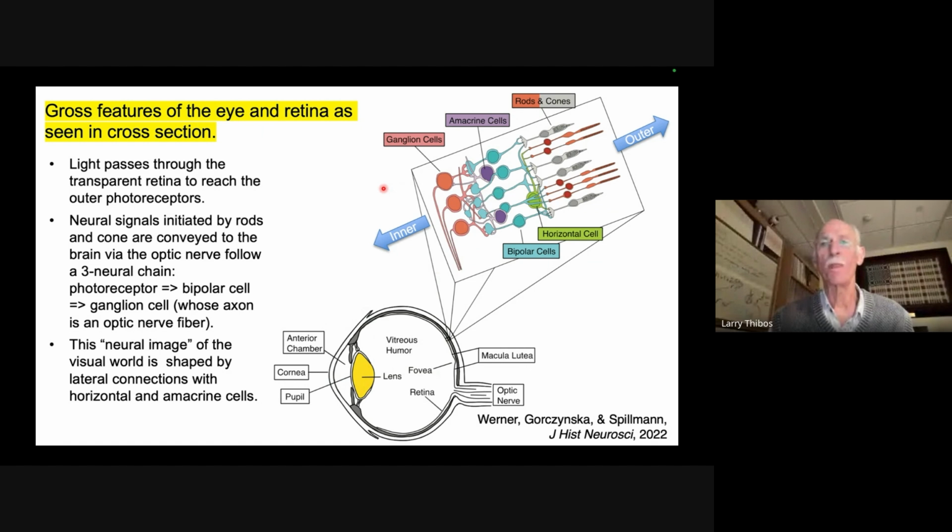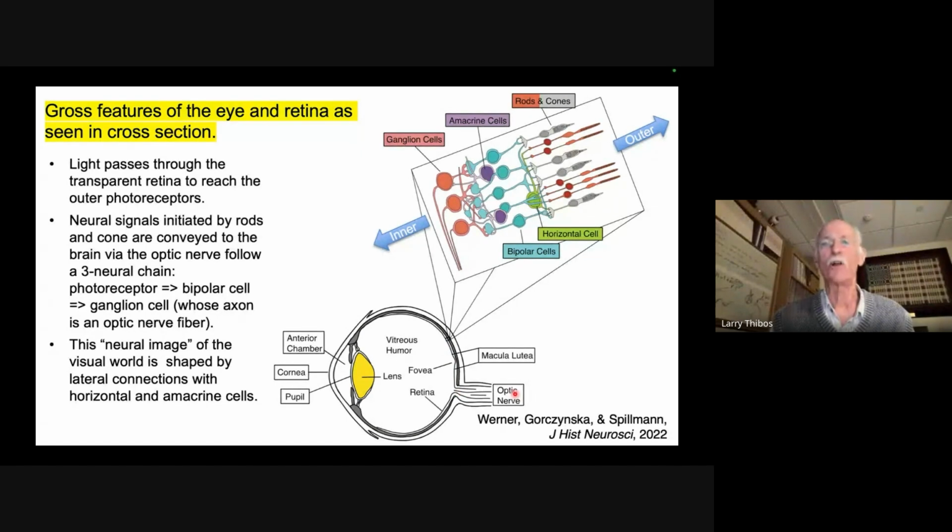On the inner surface of the eye lie the retinal ganglion cells. These are the output neurons of the eye, and every cell produces a long axon going out along the surface of the retina, down in this diagram, has to travel all the way to the optic nerve and then exits the nerve and goes all the way to the brain.